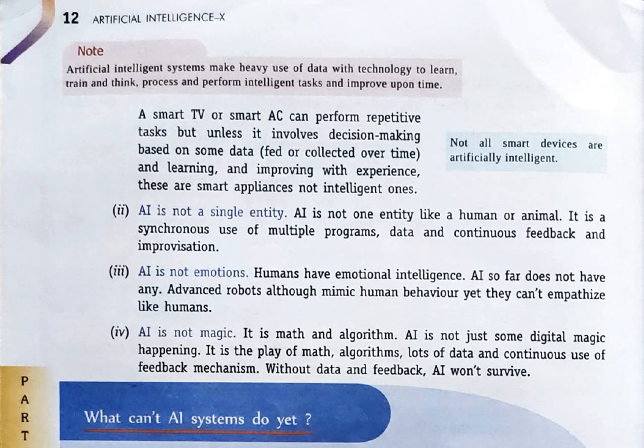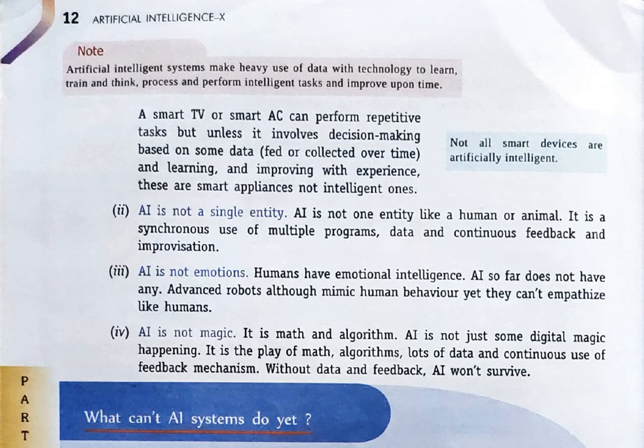The second point is that AI is not a single entity. It is a synchronous use of various programs, the data stored in it, the feedback received after each event, and improvisation. It is very important; you have to improvise. So there will be various programs working in the background.